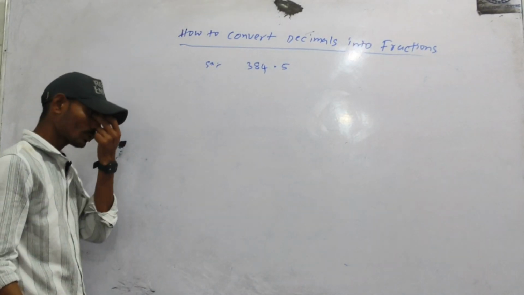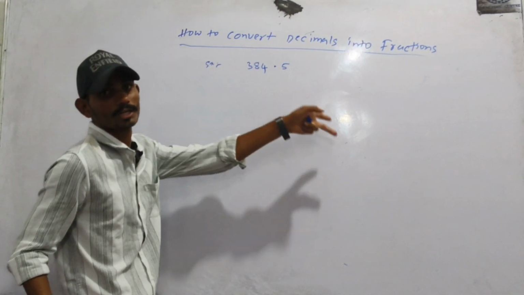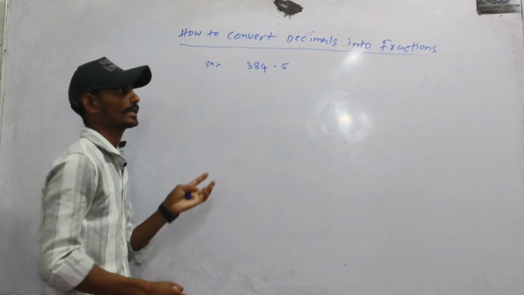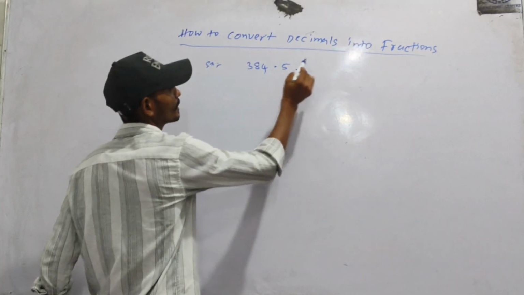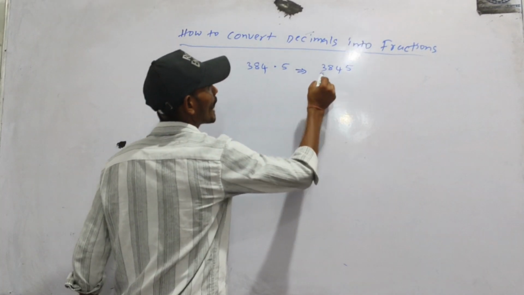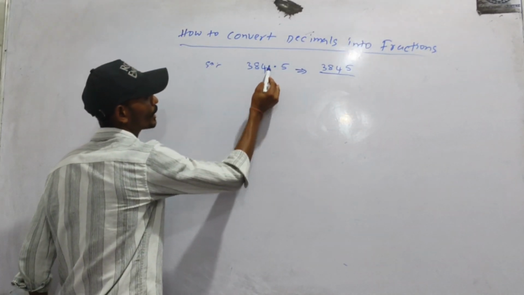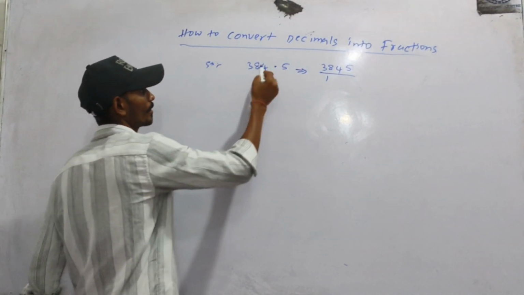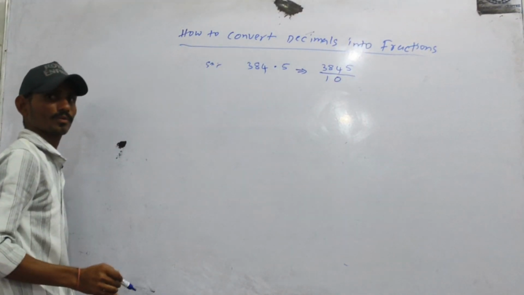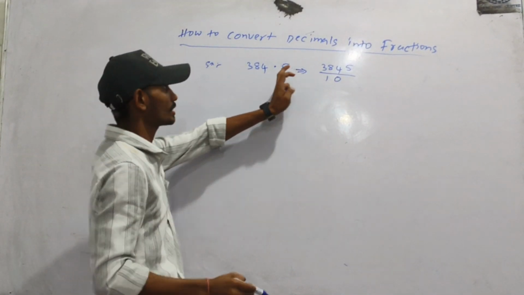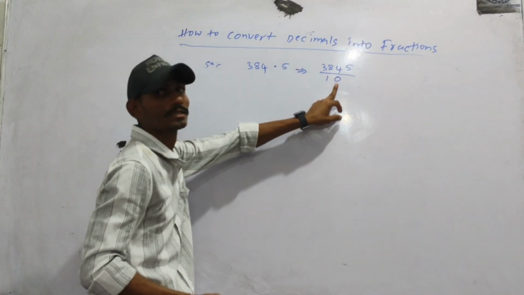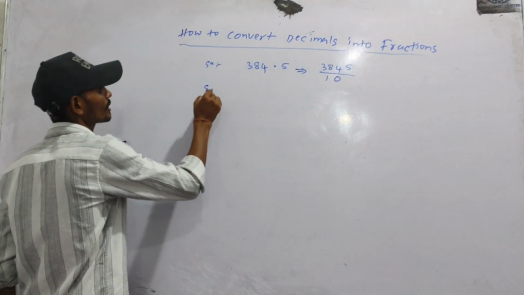When you convert decimals into fractions, whatever numbers you have, you write directly: 3845. As per the point you take 1 in the denominator, and after that, how many digits you have, 1 digit, then you put 10. This is the 10th part. There is only 1 digit after the point, that's why we call this the 10th part.